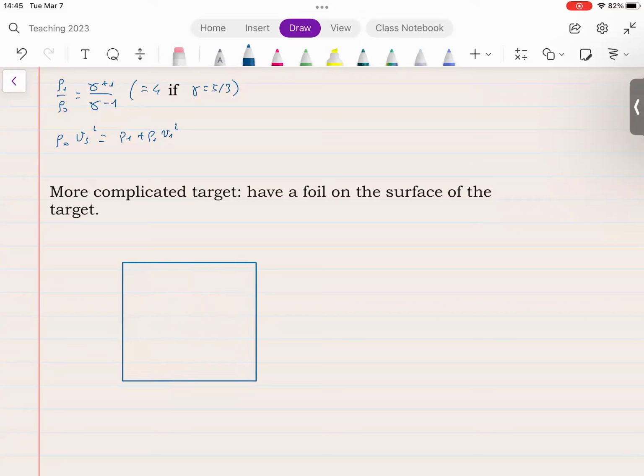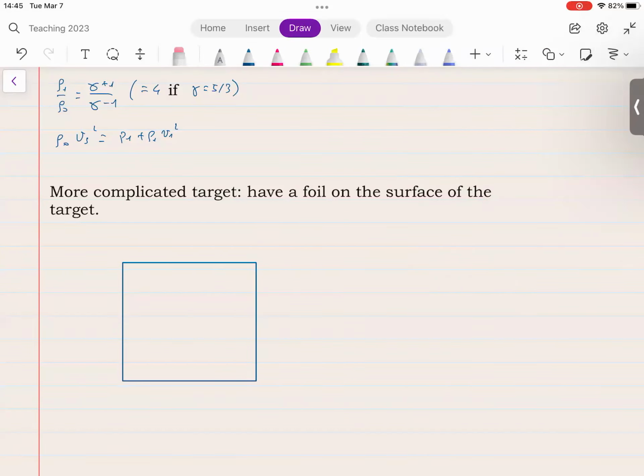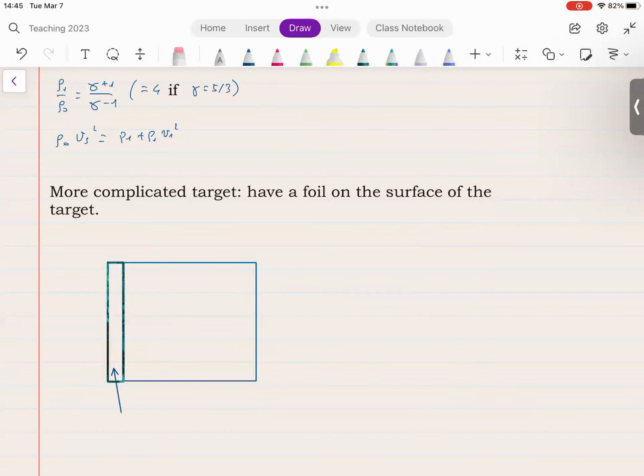Here I'm going to have my target as before, and let me use a different color. So that is going to be my foil, and this is going to be my target.